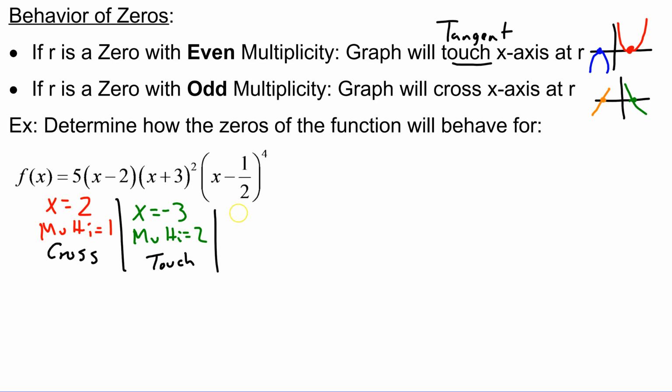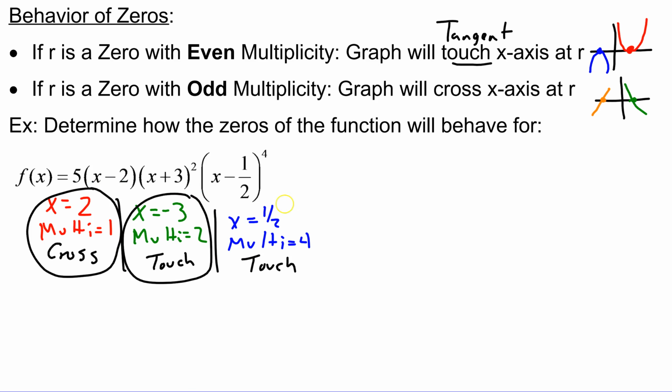And then the last 0, which was x equals 1/2, had a multiplicity of 4, and that would also be a touch type behavior. So now I know where my x-intercepts are, and I know the type of behavior in terms of how that x-intercept is going to act, whether it crosses through or just barely touches the x-axis.